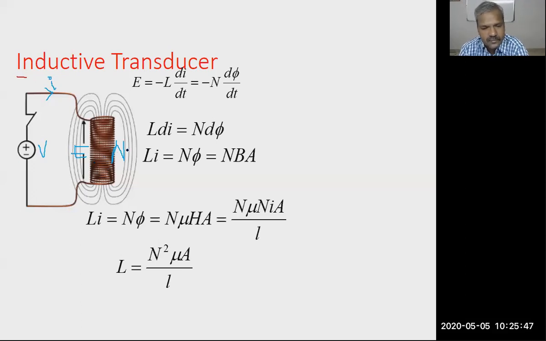If you want a coil with a variable number of turns, we insert a core inside.